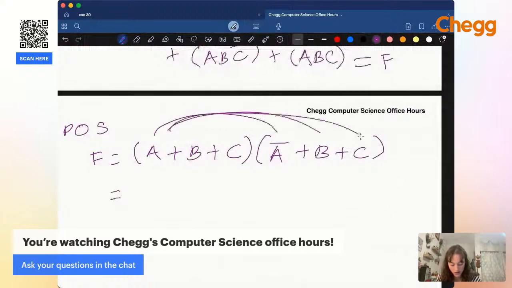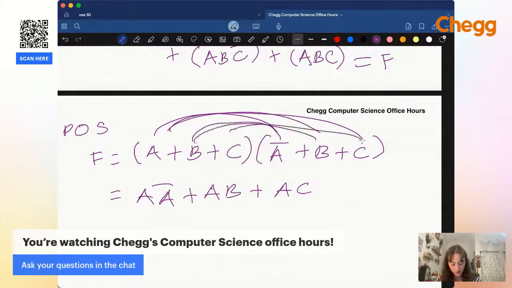So A and not A, or AB or AC, and then distribute this one, so not A, B, or BB, or BC, and then the last one is C, so not A and C, or B and C, or CC.